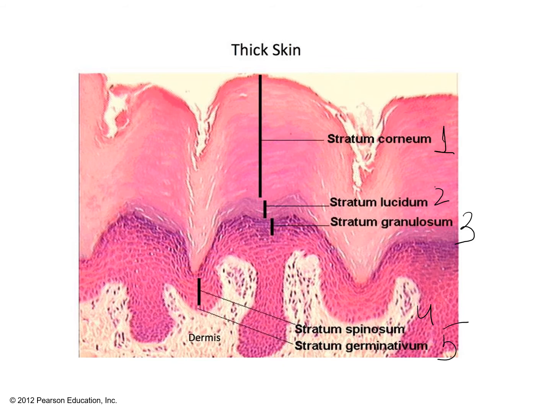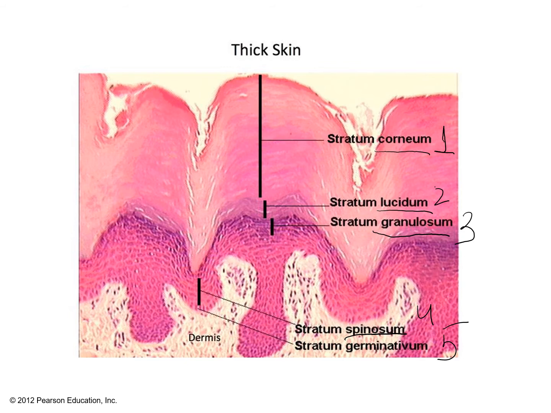If we start from deep to superficial, it will be stratum germinativum, another name is basale, so we can say stratum basale. It's on a basal surface. Then we have stratum spinosum, so here's our stratum spinosum. Then we have stratum granulosum, stratum lucidum, and stratum corneum.